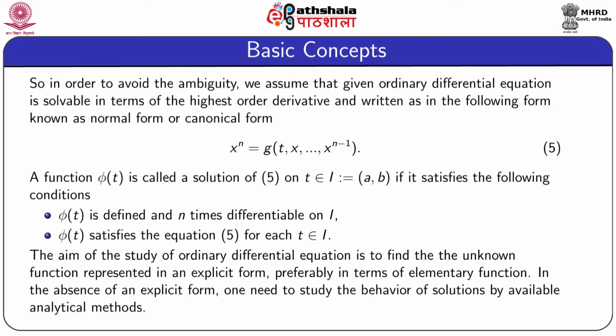A function phi(t) is called a solution of 5 on t belonging to I, the interval (a, b), if it satisfies the following conditions. Number 1, phi(t) is defined and n times differentiable on I, and phi(t) satisfies equation 5 for each t belonging to I.